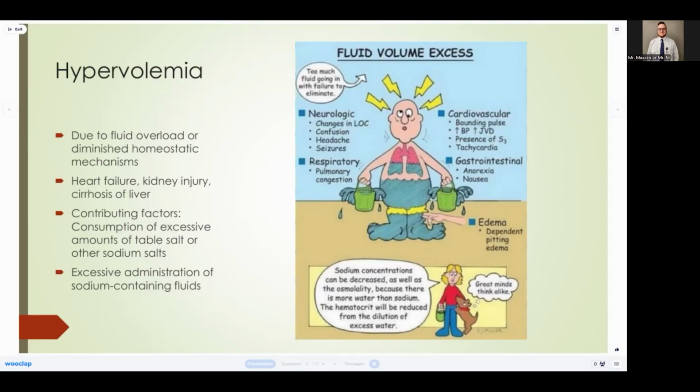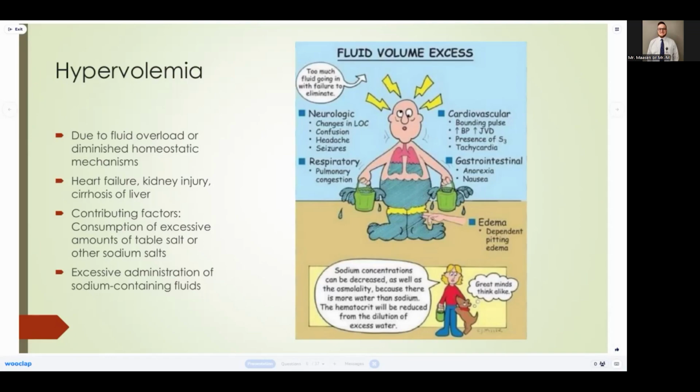The more sodium I have, the more water's going to get pulled in different places, or excessive sodium and administering sodium containing fluid. So, what's this person look like? Basically, too much fluid and failure to eliminate. So, they could have level of consciousness changes, confusion. They could have pulmonary congestion, that's pulmonary edema, and that could be the coarse crackles.